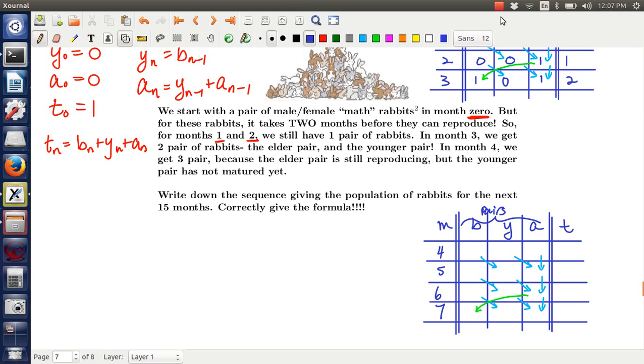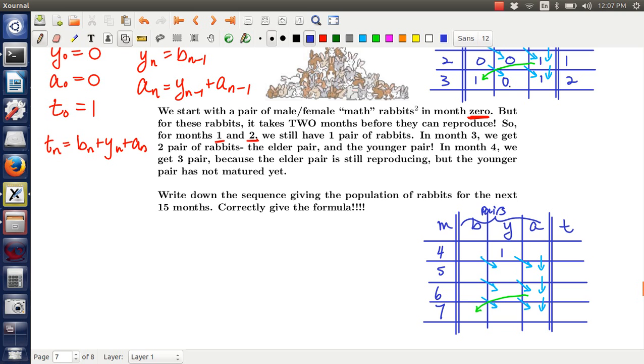We're going to follow the light blue arrows first, between month 3, which is here, and down to here, which is month 4. I don't want to really erase the problem, so that's why everything's getting squeezed in here. So I want to follow the little blue arrows, the maturity arrows. We have one group of babies in month 3 that become one group of youth in month 4.